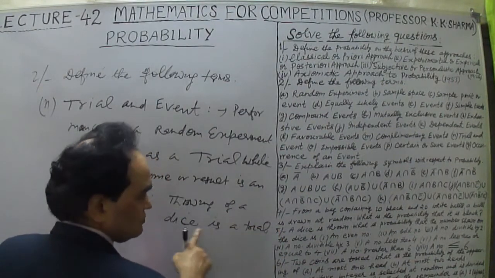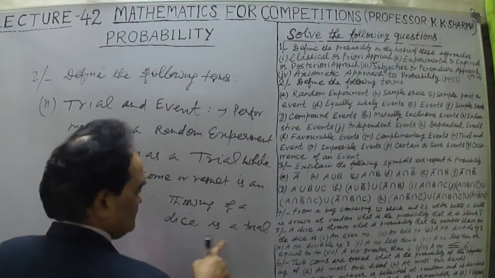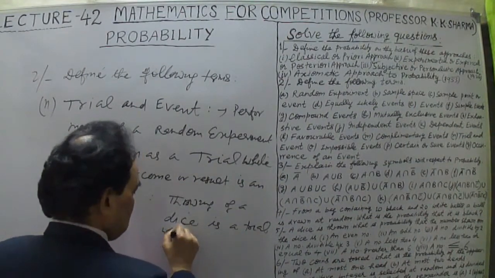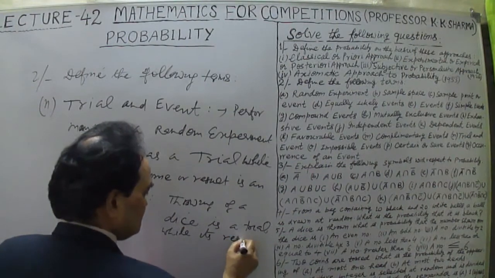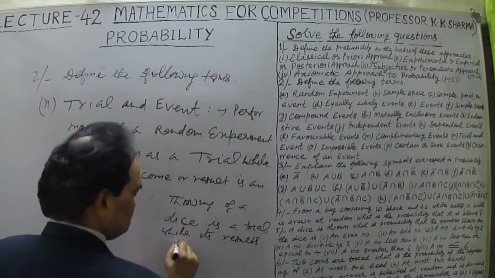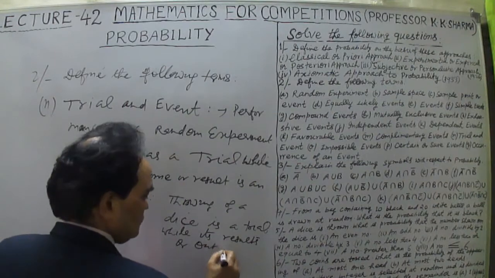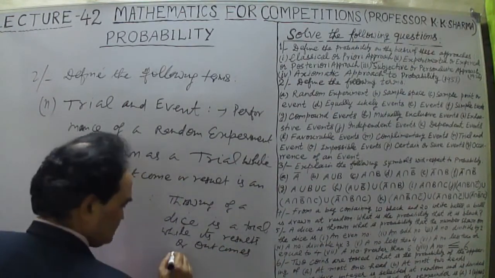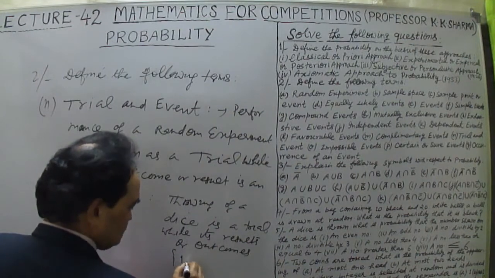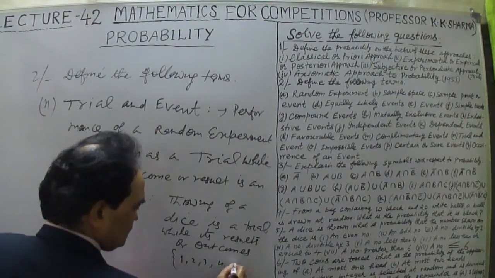This is happening, or performance of an experiment is a trial, while its results or outcomes are the events or sample points. Which are those? 1, 2, 3, 4, 5 and 6.